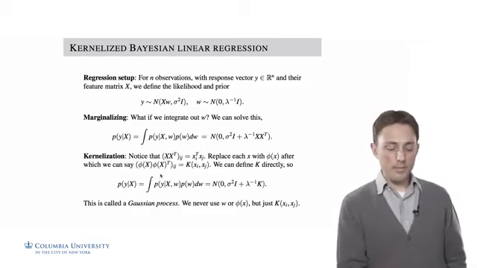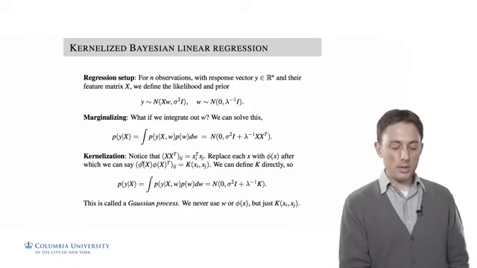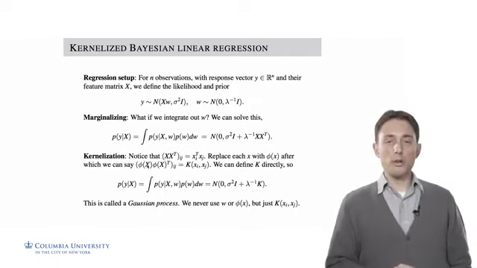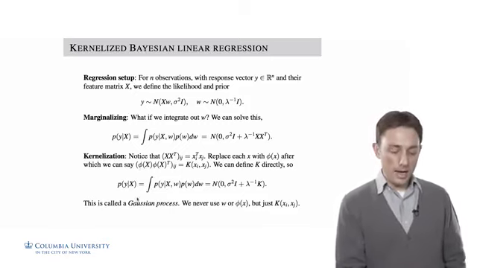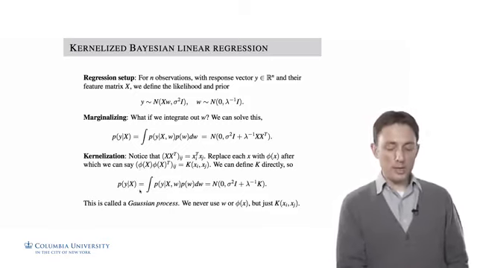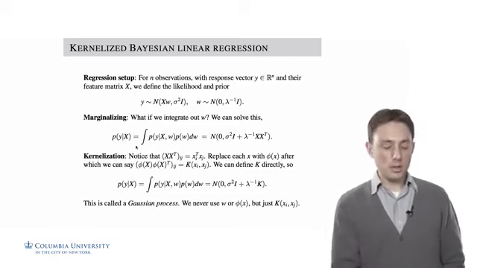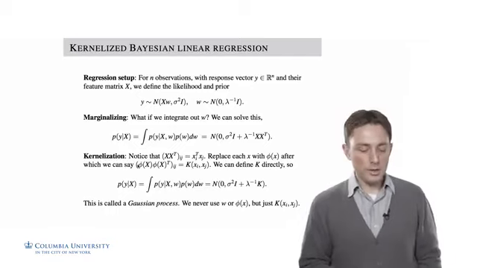Again, this is a matrix where I'm using this notation to indicate that we take each row of the matrix X and perform the function phi on it to get a new row. So this is n rows because we have n data points, and then however many columns result from our function phi. It could be infinite dimensional.